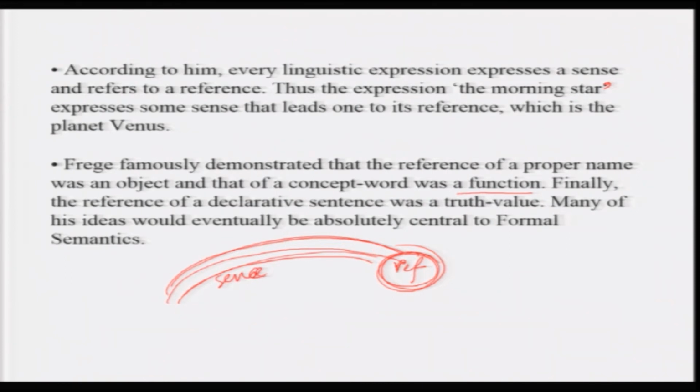And now Frege for the first time said even sense, although it looks mental, even this is not ideational. It has nothing to do with somebody's personal idea or something like that. This is not subjective. This is also objective. For example, he uses his famous telescope analogy. He says that the moon is seen through a telescope, right?